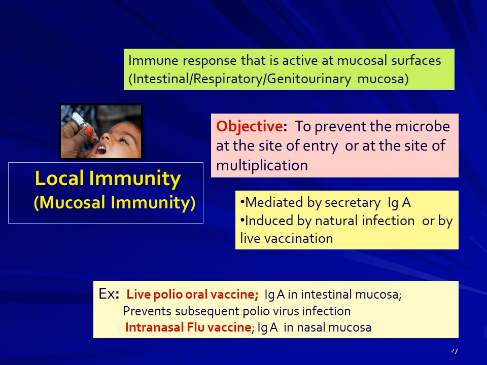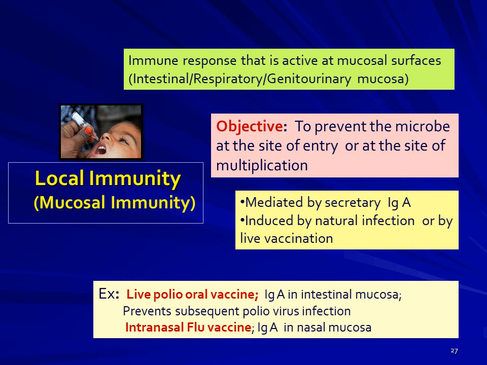When it enters the ileal part where it would like to multiply, because of the already present IgA antibodies in the intestinal mucosa, this virus will not be allowed to multiply, and in that way the person will get protection. So the live oral polio vaccine, even though it has some disadvantages nowadays, works by this mechanism.